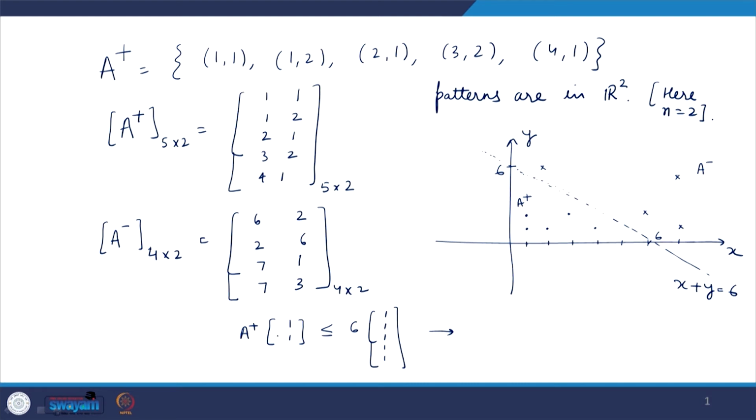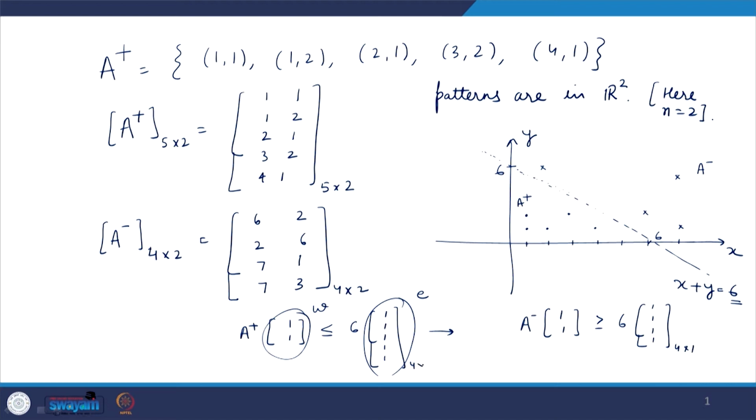So, here this is your W, and this is your E, vector of ones, and this is B. So, this is satisfied. Now, again if you take A minus times 1 1, it is greater than or equal to 6 times the vector of ones, which is 4 cross 1.